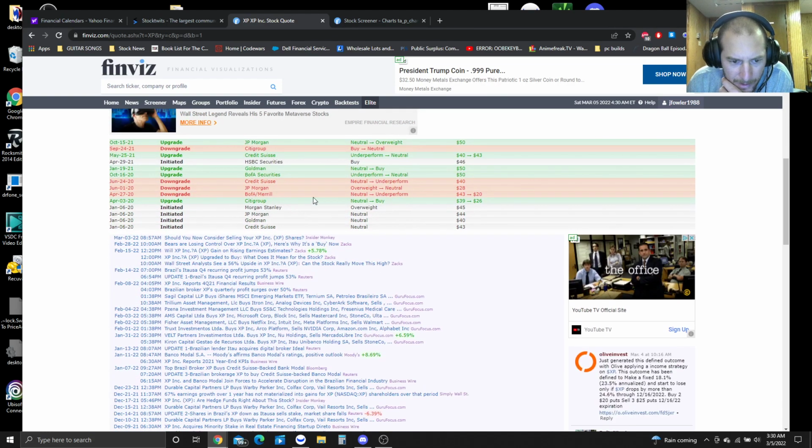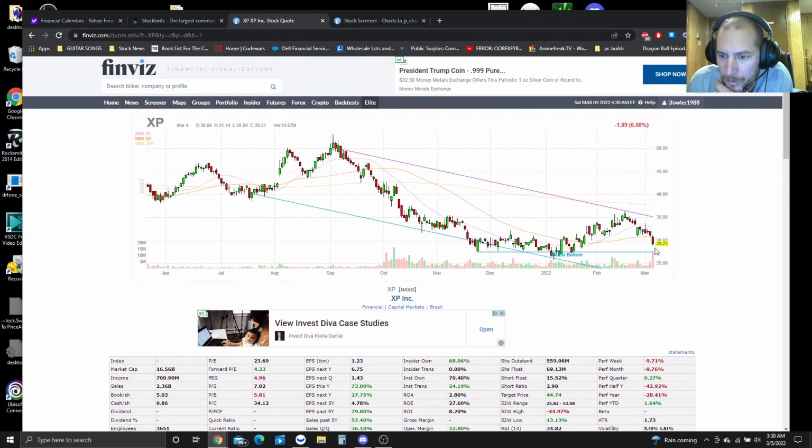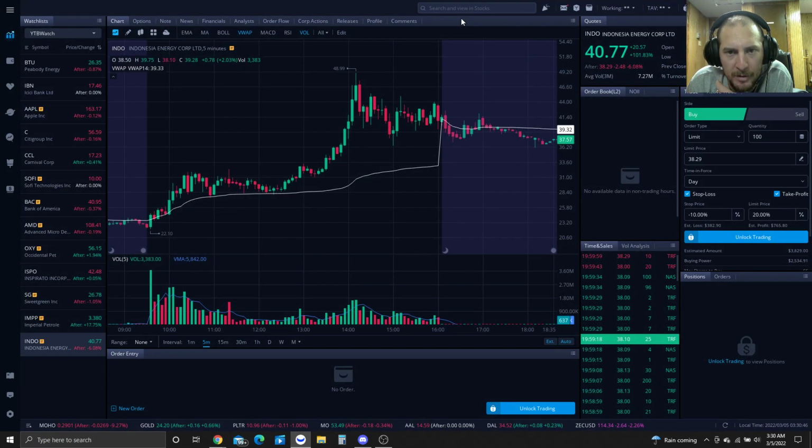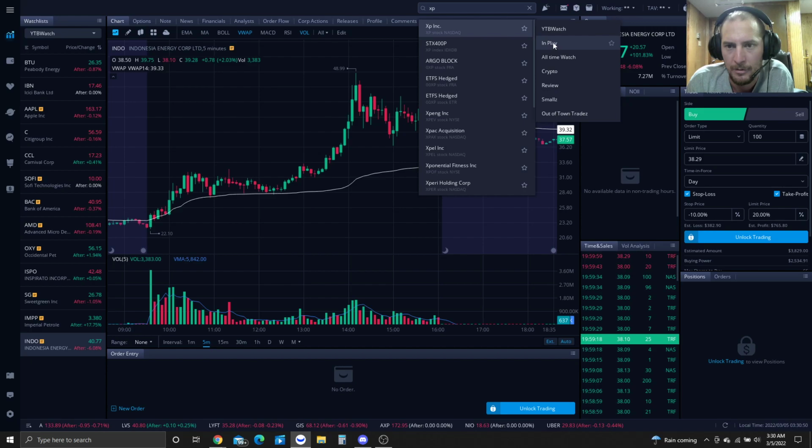Not quite there yet, but bears are losing control over XP. It's February 28th, March 3rd. Relative volume spiking. So XP, we'll put that on the list for now as well.